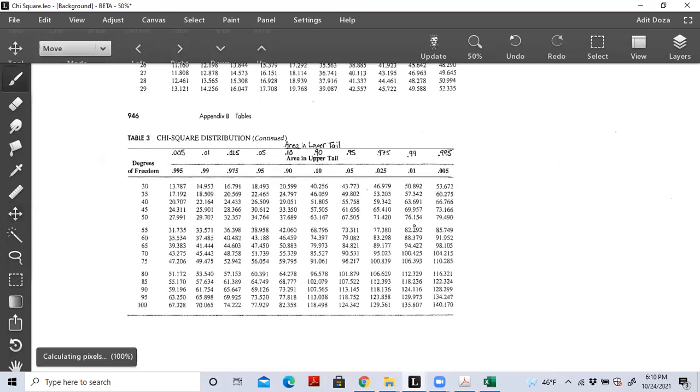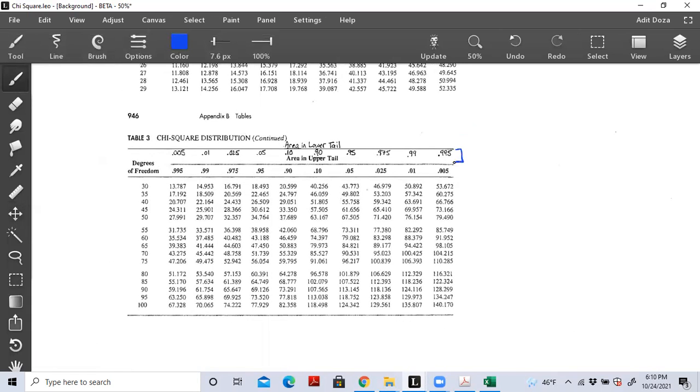Yeah. So lower tail 0.05 is here. And what is the degree of freedom? 55. So this should be 38.9. This should be the critical value, right? Yeah, so we found the critical value.